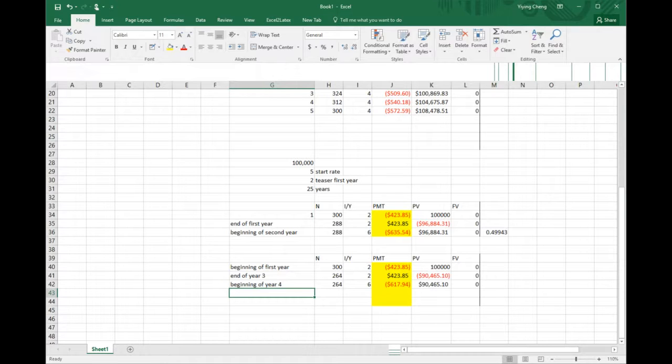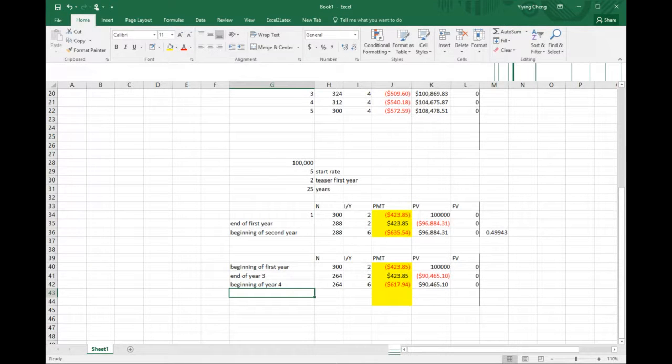Then the next line, we are going to calculate at the end of the first year with the remaining number of payments, 288 payments waiting for us in the following 24 years. Then we'll pretend as if it's still the teaser rate to calculate the outstanding balance. Here I made a little change just to show the difference. In reality, it doesn't really matter which one is positive and which one is negative.